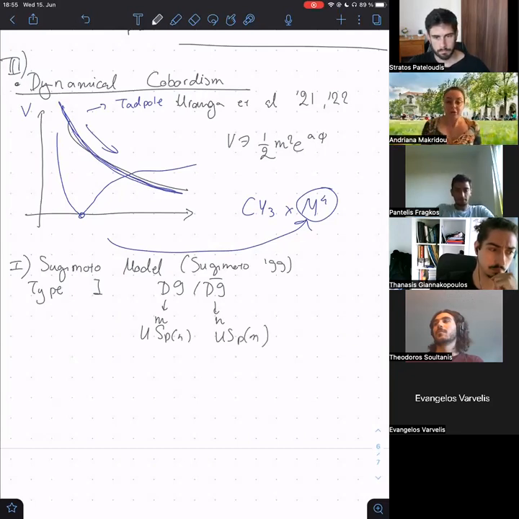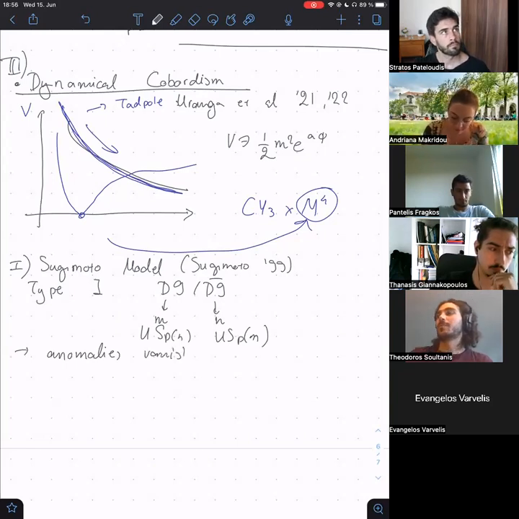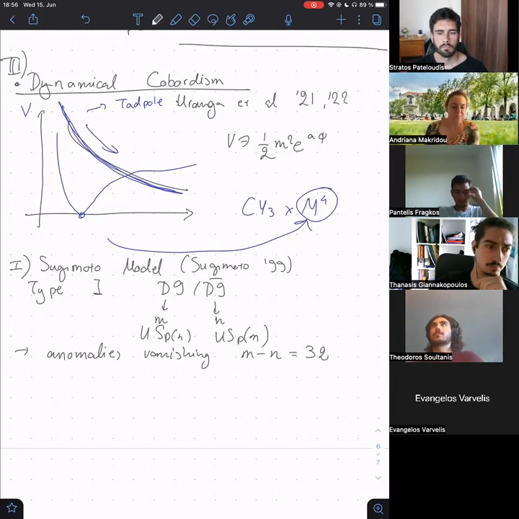In order to have a consistent model, you need first that the anomalies are vanishing. This you do via Green-Schwarz, and this gives just a condition that M minus N has to be 32.